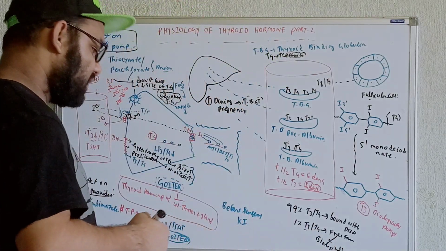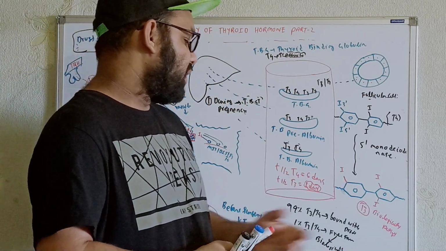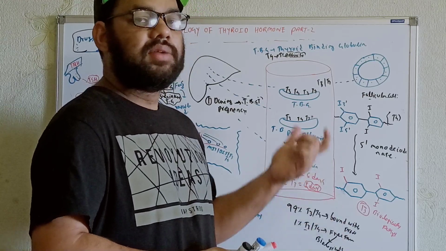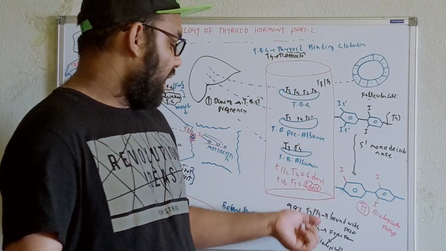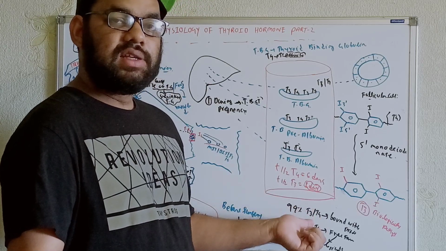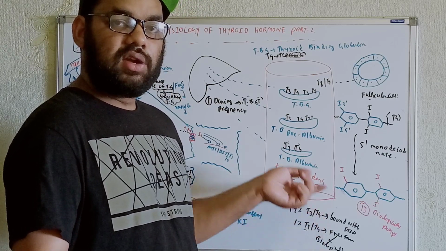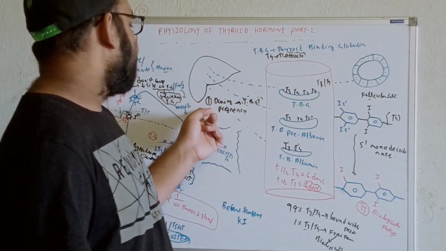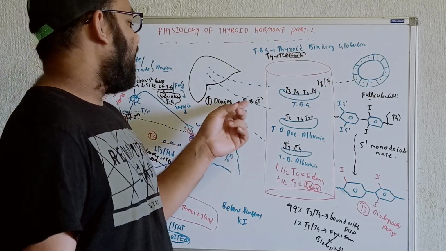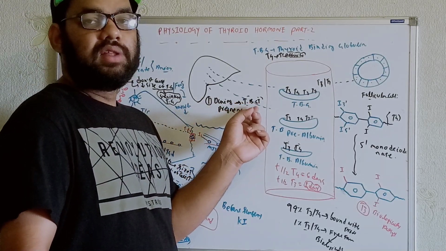So 99% of the T3 and T4 get bound along with the thyroid binding globulin proteins and the other proteins secreted by the liver. Around 1% of the T3 and T4 is in the free form within the circulation, and that is the biologically active form. During pregnancy, the amount of the thyroid binding globulin protein will be elevated.